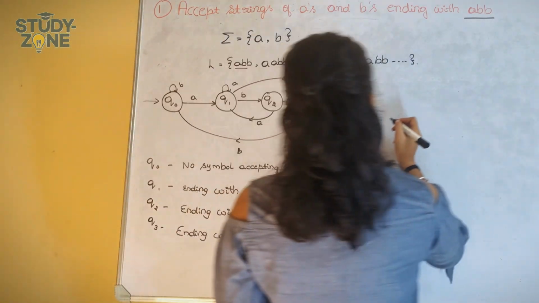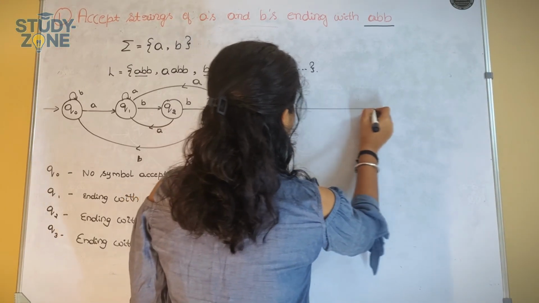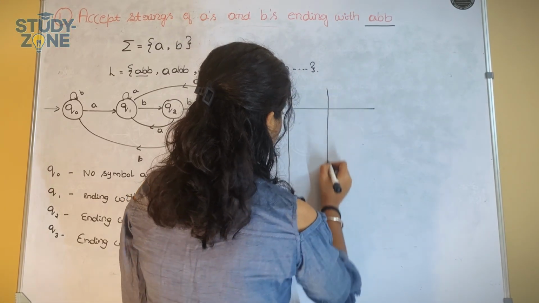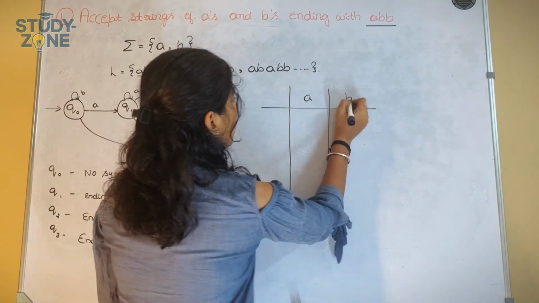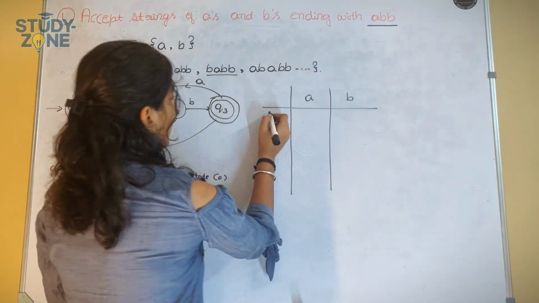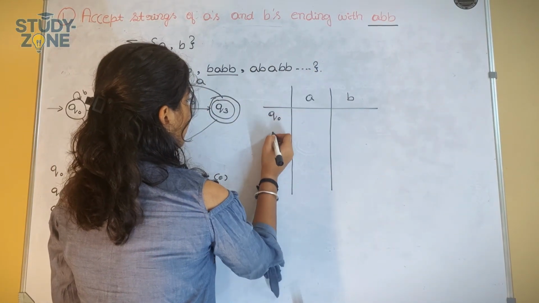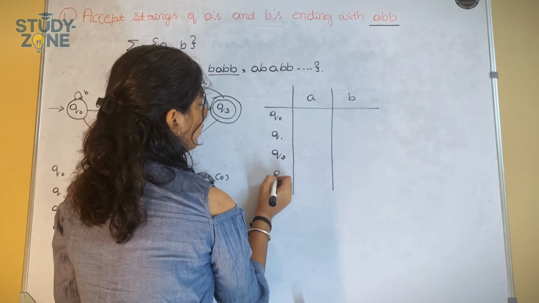And then what we have to do is, we have to write a transition table. So here we should have A and B. These are all the alphabets, right? And then we should have states Q0, Q1, Q2 and Q3.